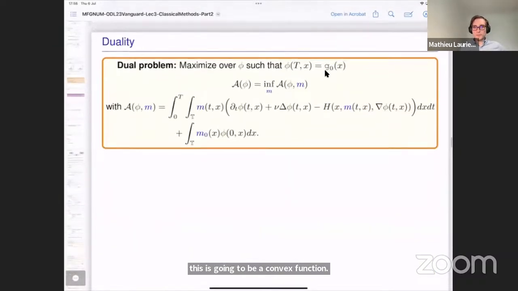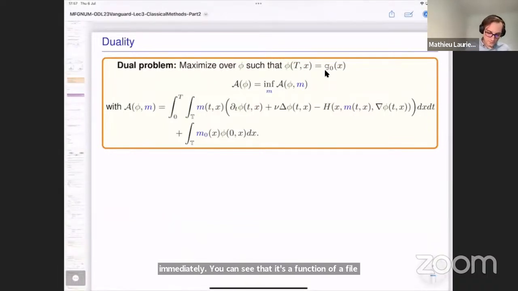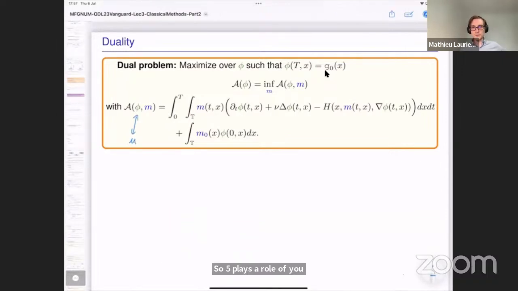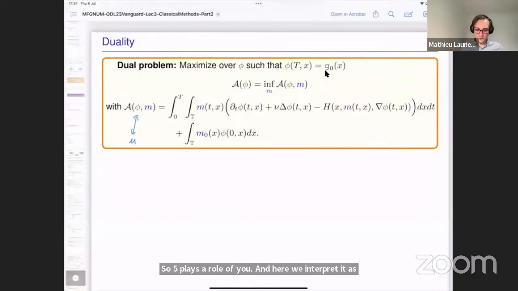So the dual problem is this one. Here, I just write it immediately. You can see that it's a function of phi, and you can think of phi as playing the role of u, more or less. So phi plays the role of u, and here we interpret it as some kind of adjoint variable.